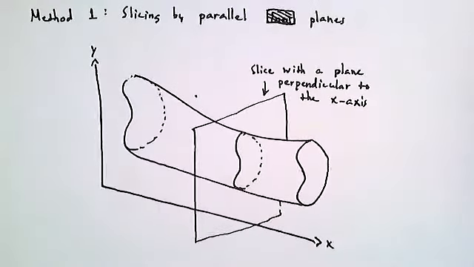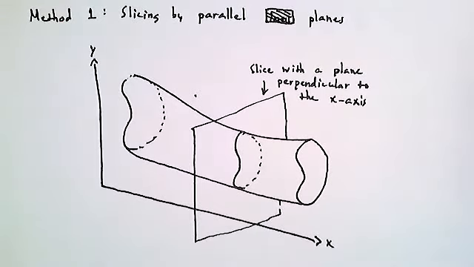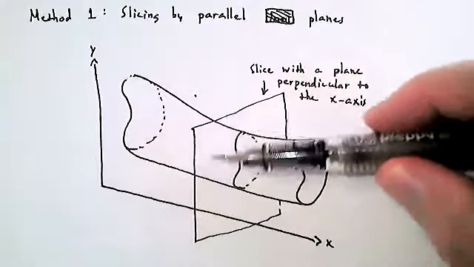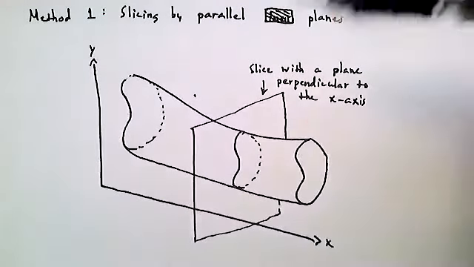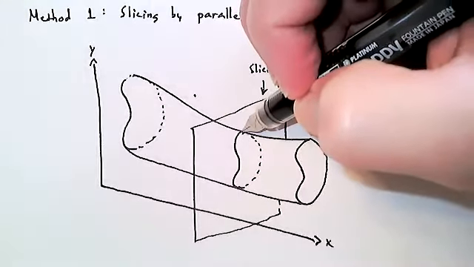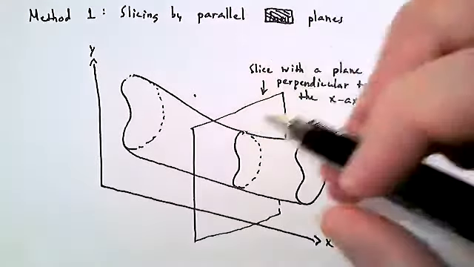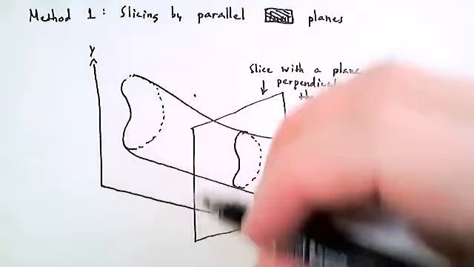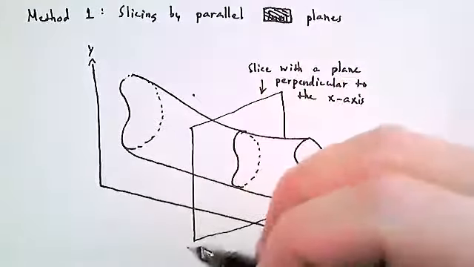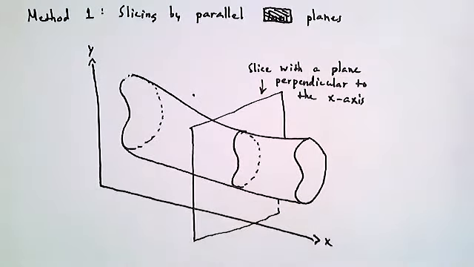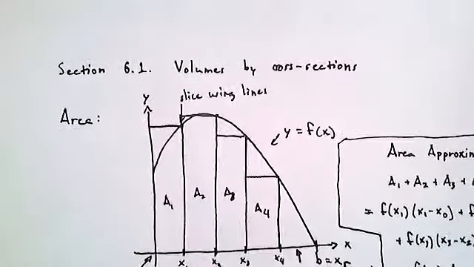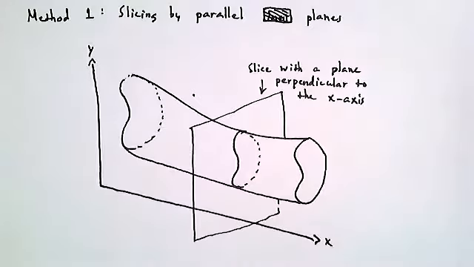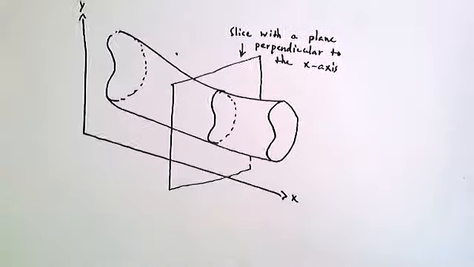And in this three-dimensional realm, you can imagine I've drawn lots of planes to divide this up. And what we need to think about is that each of these slices is going to have a little bit of thickness. So just like my rectangles had a width, I'm going to have a width for each of my slices here.